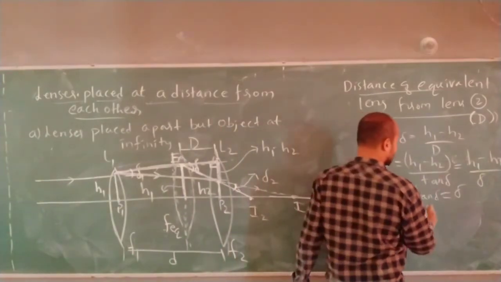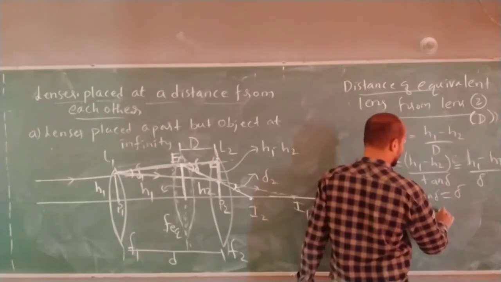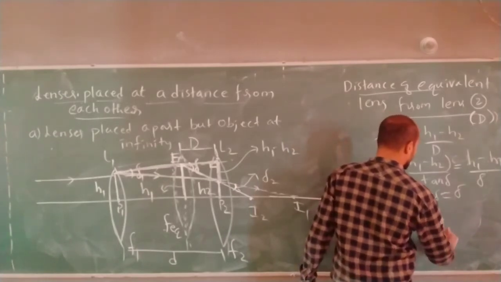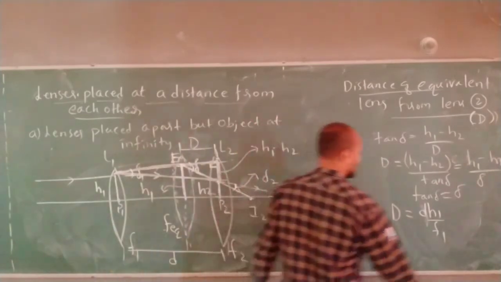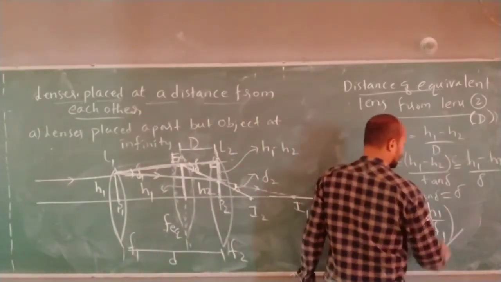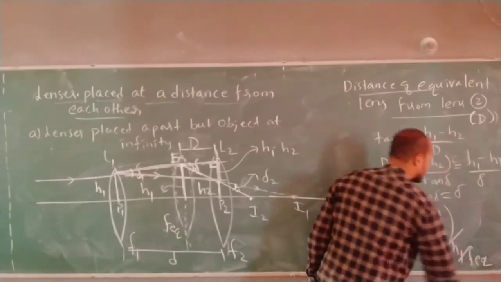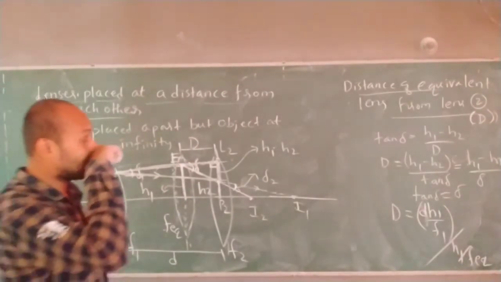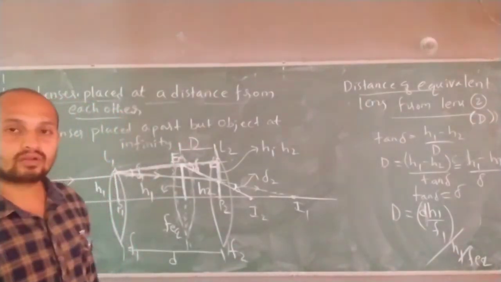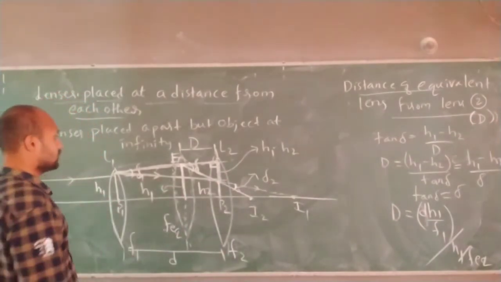So h1 minus h2 is h1 divided by d into h1 divided by f1, whole divided by h1 divided by f equivalent. You can check this. Previously, whatever the dou values I have written, h1 minus h2 value, you check it.